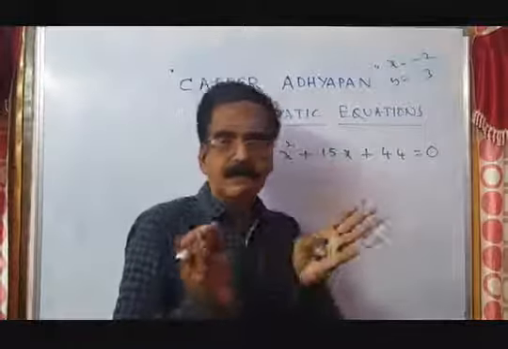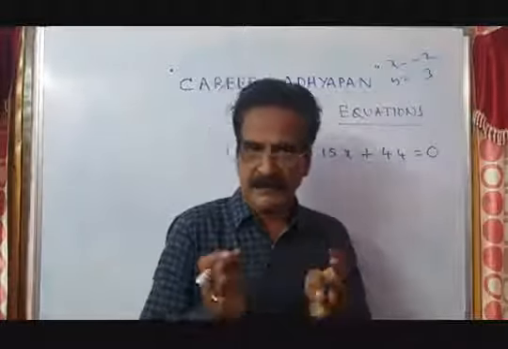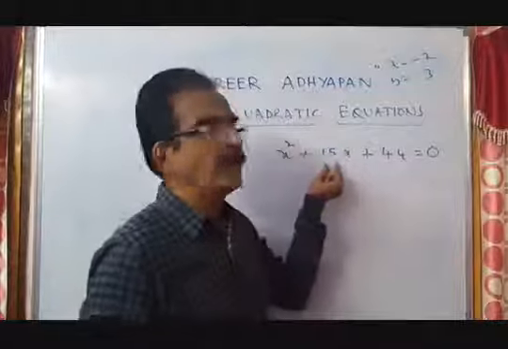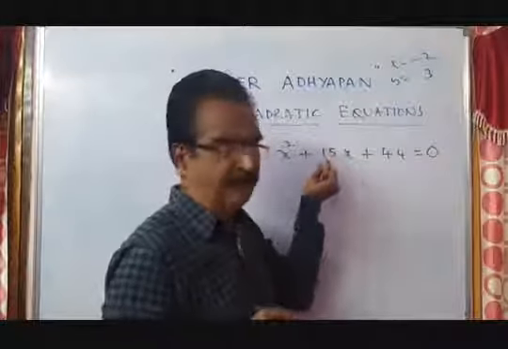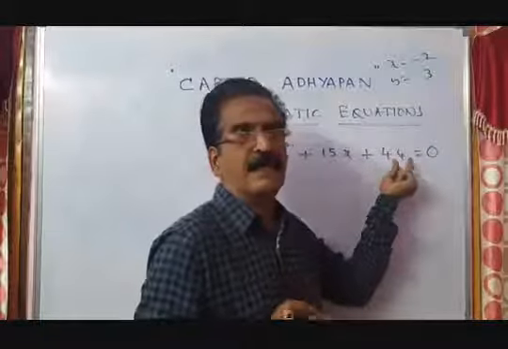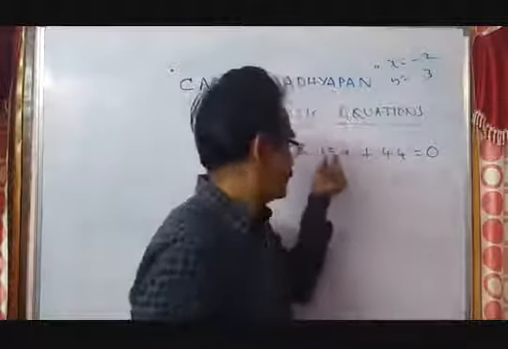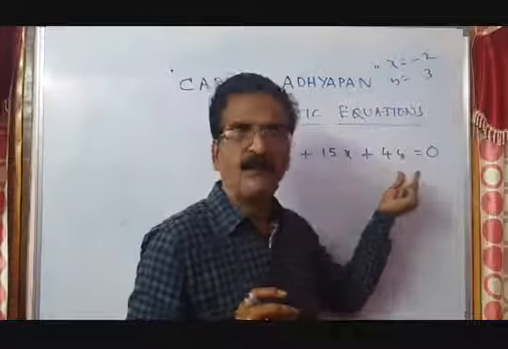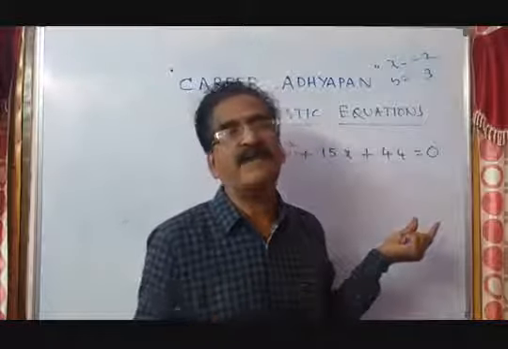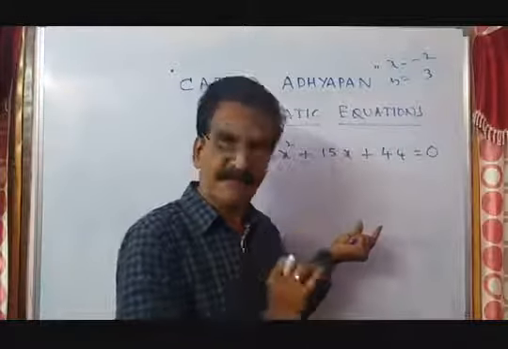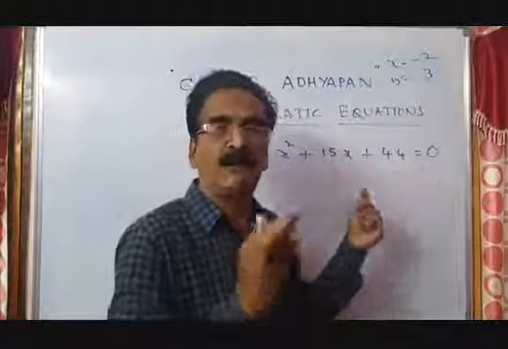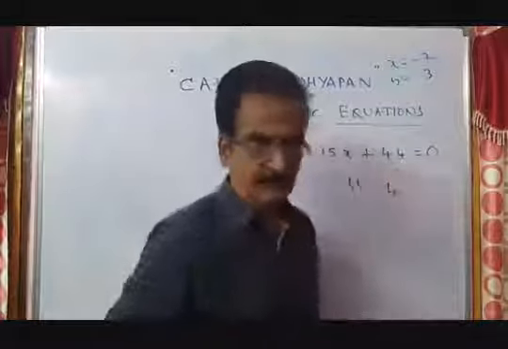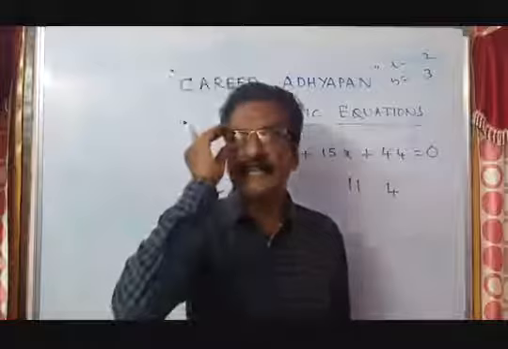The two values of x must be like this: the sum is 15, the product is 44. So what are the two values? 11 and 4. 11 plus 4 is 15, 11 into 4 is 44. So the values are 11 and 4. You have to solve the quadratic equation like this.